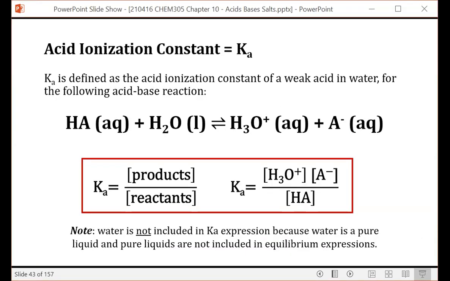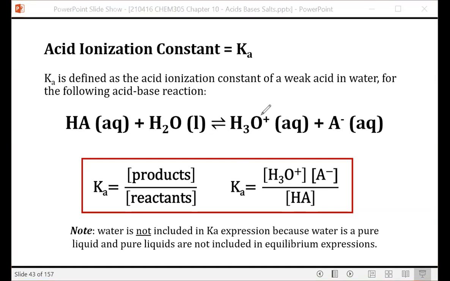So this is how you write the acid ionization constant, the Ka expression, for your general acid-base reaction where you have any acid, HA, reacting with water to generate hydronium ion and the conjugate base A minus. The Ka expression is the concentration of each of your products multiplied together, divided by the concentration of each of your reactants multiplied together.